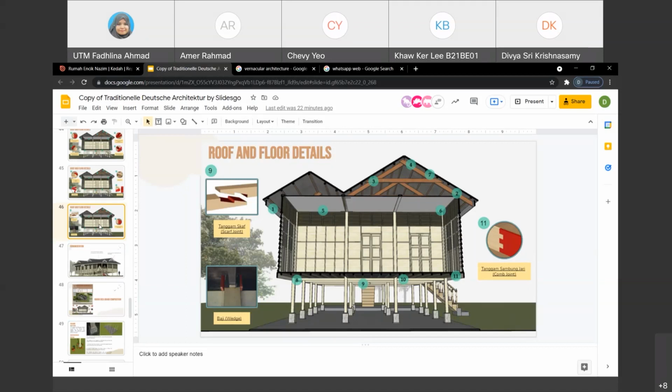So try to differentiate these two, roof and floor. I'm not sure how you are going to put it so that it can be clearer. You have everything over here, but please make sure that it is easy to understand, right?